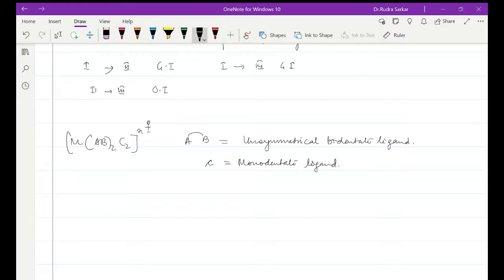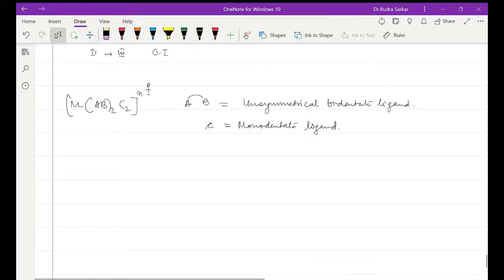Okay. So what are the possible arrangements? Keeping MA2B2 in mind, we will draw the trans one first. So we have AB, AB, and then we have the C atoms placed in this form.